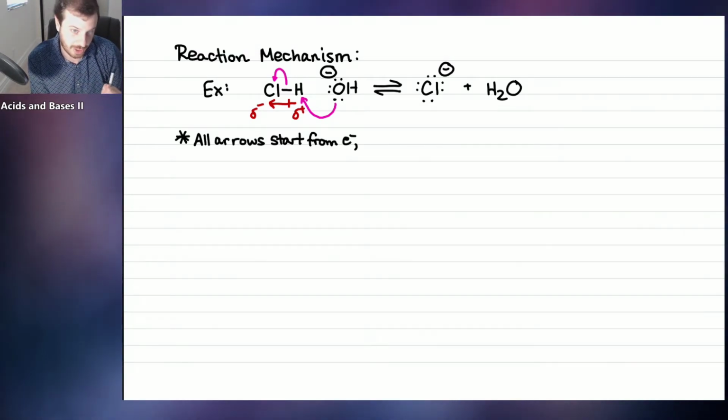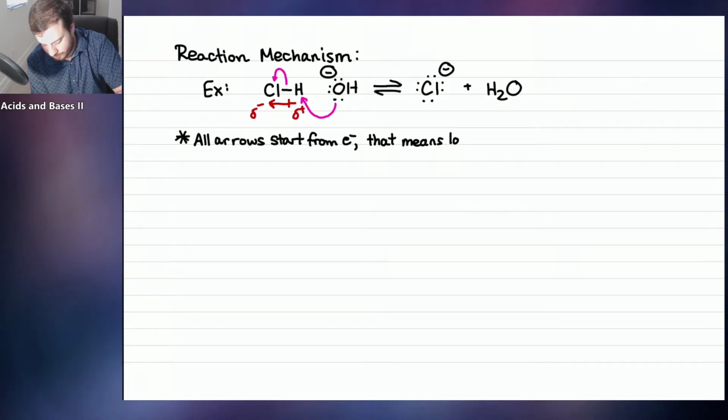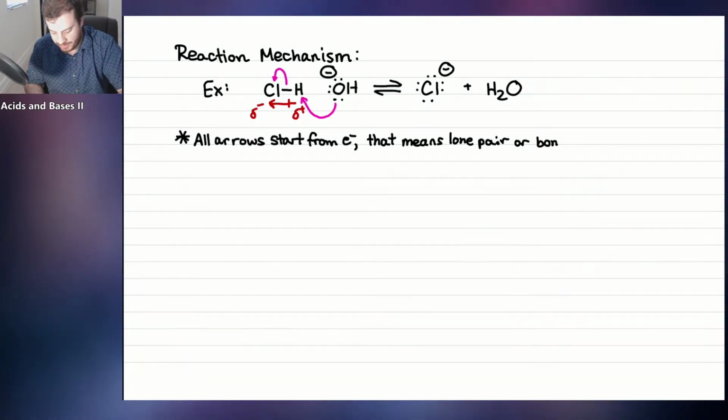Because what's a bond? A bond is just electrons too. So all arrows are going to originate from a lone pair or bond. That means if you have an atom that doesn't have a lone pair on it, there's never going to be an arrow originating from that atom. It can only start at a lone pair or a bond.